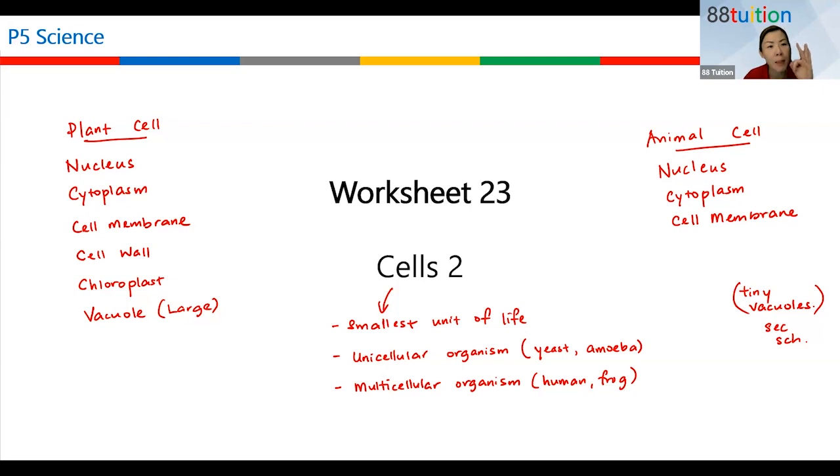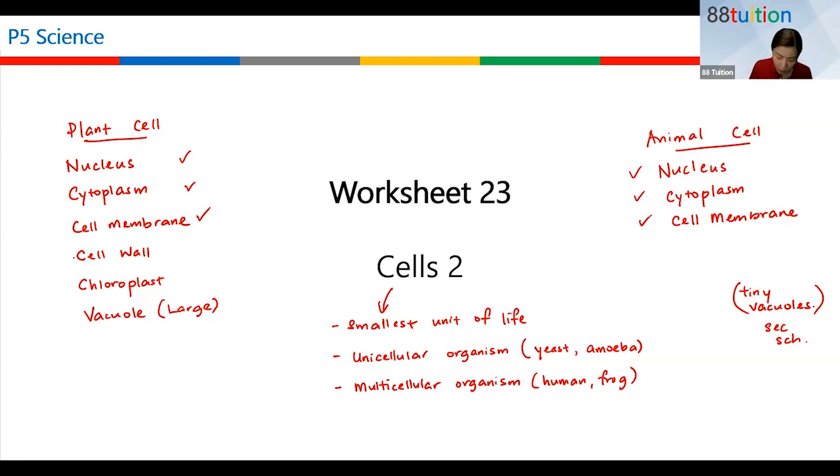And then for the plant cell, you only need to know these few. So these are common. The first 3 are actually common for the animal and the plant cell. What are the special things that plant cells have, but animal cells do not?